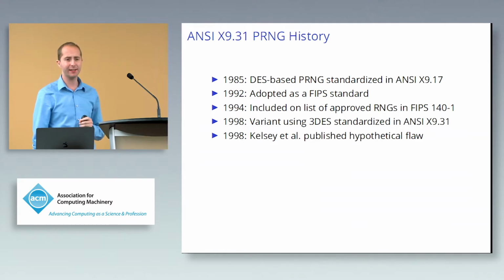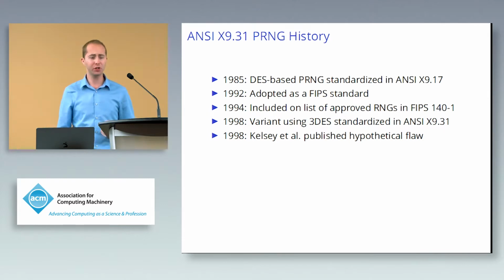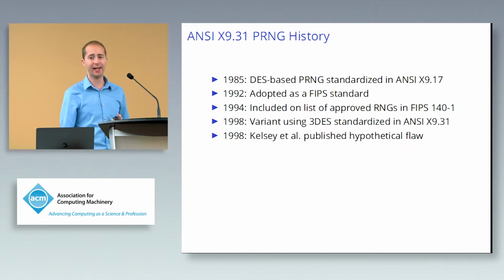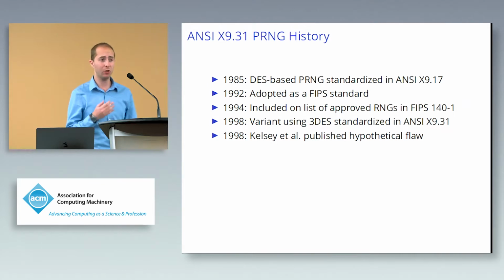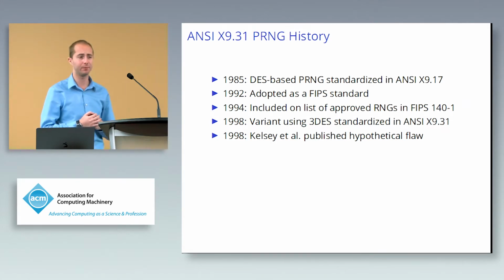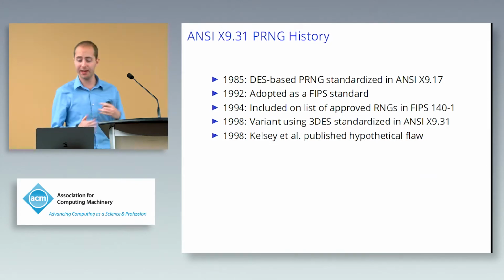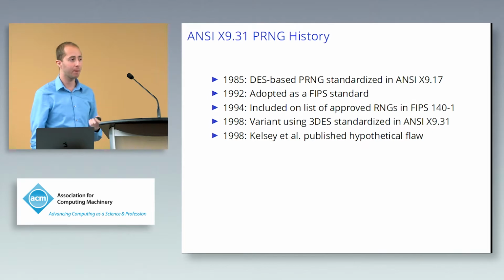So looking at the ANSI X9.31 generator, this design has been around a really long time, almost 3 decades at this point. It was first included in an ANSI standard for financial cryptography. Then it was adopted as a FIPS standard and has been included in various standards since then. In 1998, Kelsey et al. discovered a potential flaw in the ANSI X9.31 generator.